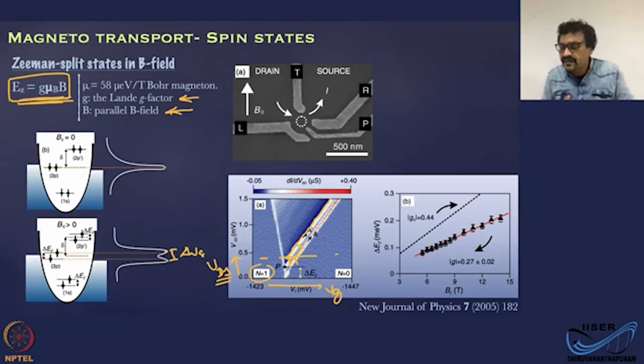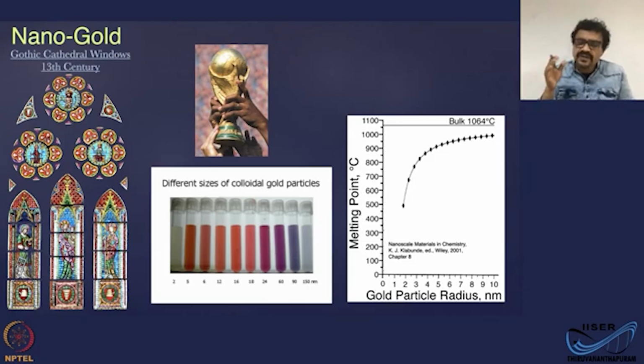Okay, this is another example. Now, these monodots are really small, nanoscale objects where they behave like artificial atoms. What we are seeing here is a painting, or stained glass, a 13th century art form with Gothic cathedral windows.